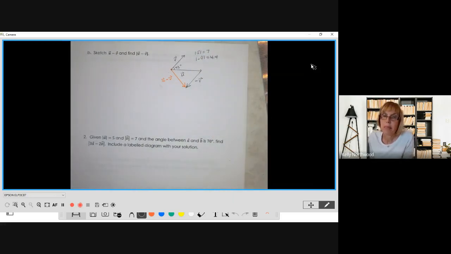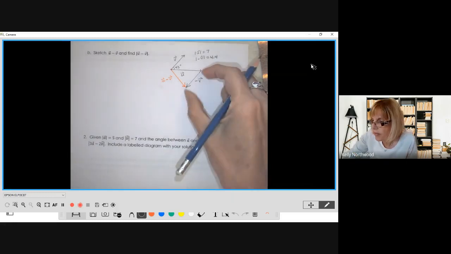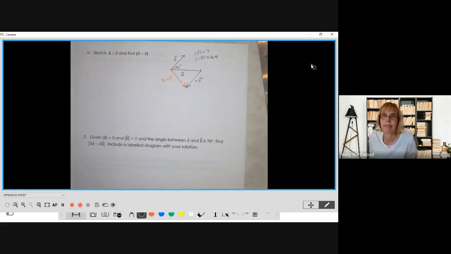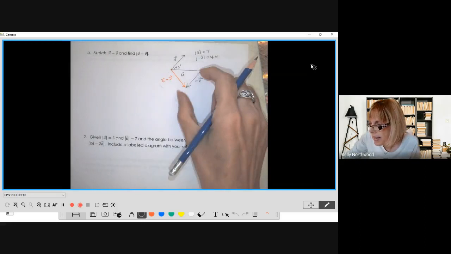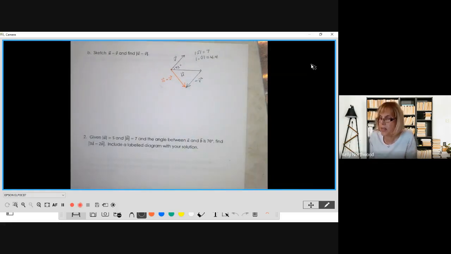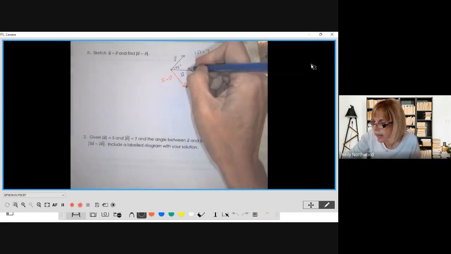So it's positive 4.4. So the length of this vector is 4.4 units. So that's really important to know that the length is not negative. That has to do with direction, having to be in the opposite direction, not the magnitude or the size of it. So we know these two lengths.